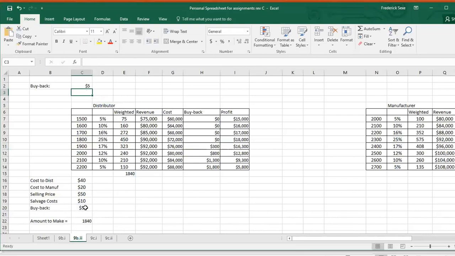Okay, so $5. So here you can manipulate the buyback value as much as you want. Once again, it's got to be higher than salvage costs. So we're going to go 15. You can see what the values do. Okay, we're still not there. Let's go 20. Okay, we're getting closer. Okay, we just go 30.